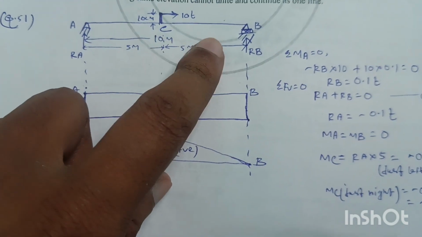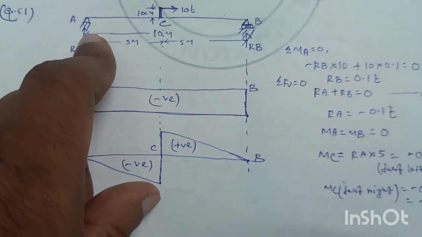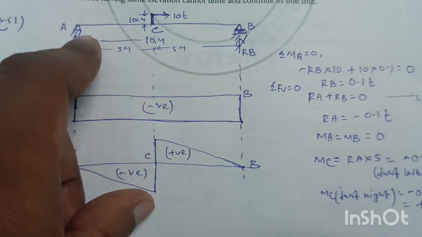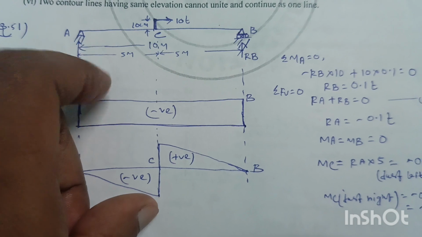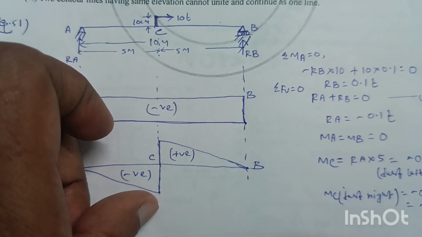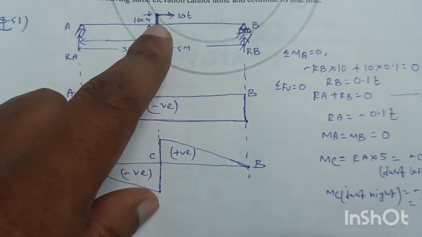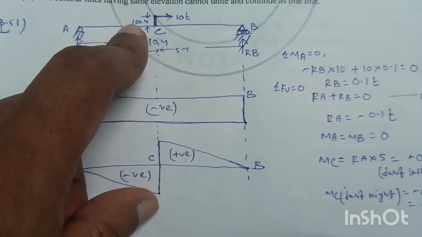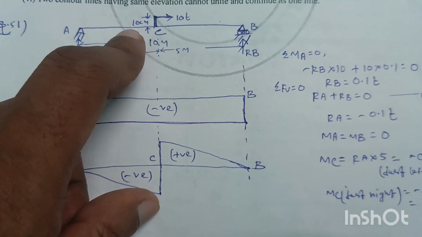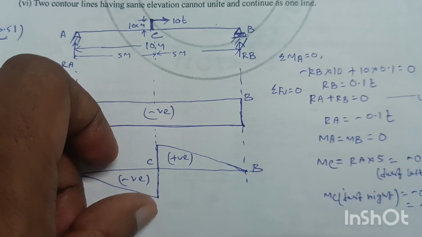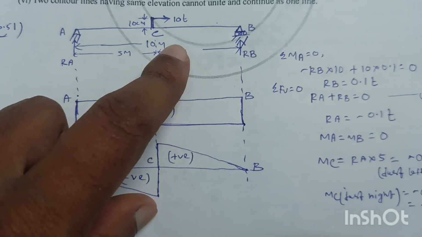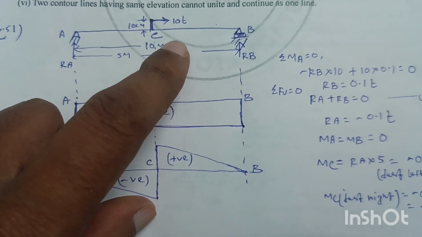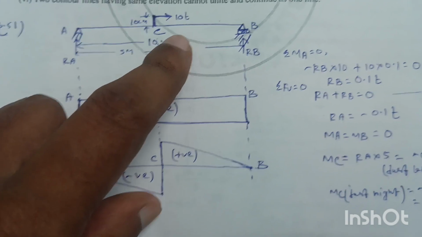So RB into this length, 10 meters from B to A, so minus RB into 10, minus because RB is trying to rotate in the anticlockwise direction. Plus this moment is clockwise, so plus 10 tons, this force, into 10 centimeters, that is 0.1 meter. So this moment will be 10 into 0.1, and the total is equal to 0, as there are no other forces or moments.